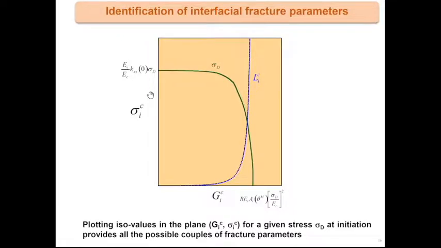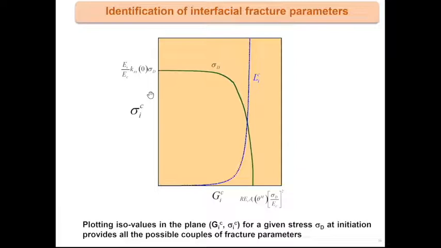And you can see that here you have two bounds on the axis. This bound corresponds to a very high value of the interfacial length. This means it is dominated by the energy, and this bound corresponds to the stress condition. It is dominated by the stress condition. Okay.